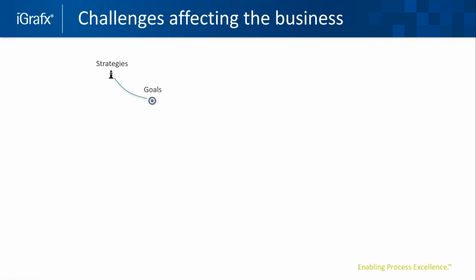Connected to the strategies, we have the company's goals, and these goals need to be reached via the daily processes that everyone works in. So the processes are described by diagrams that are easy to read, and also other kinds of documents that are supporting this. Who is doing that?